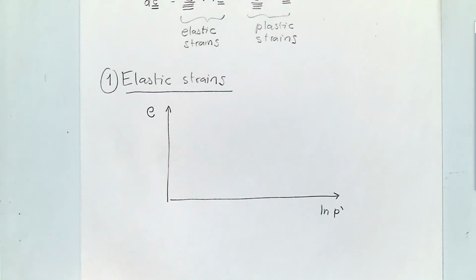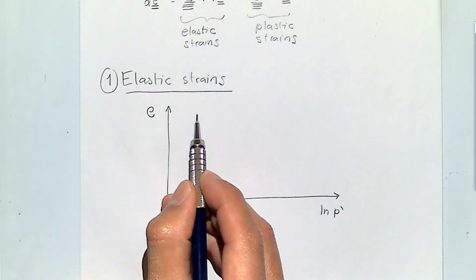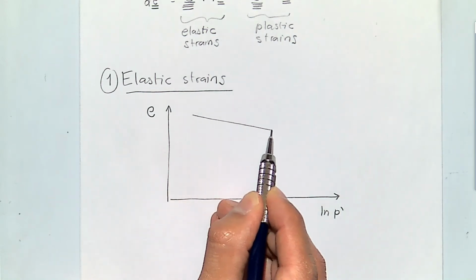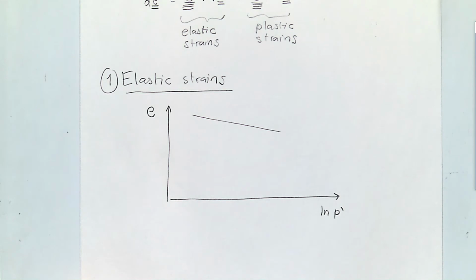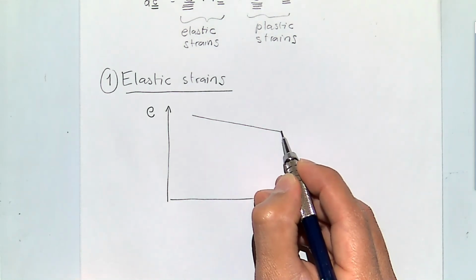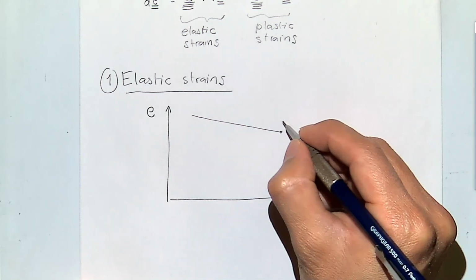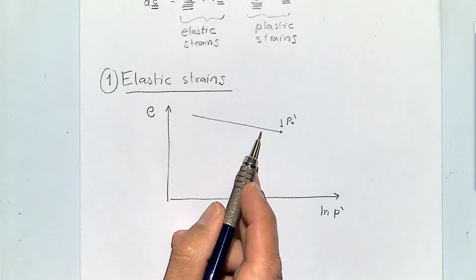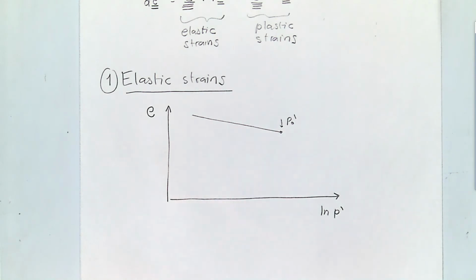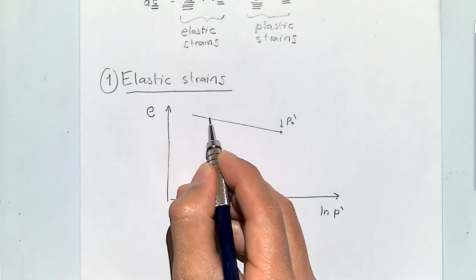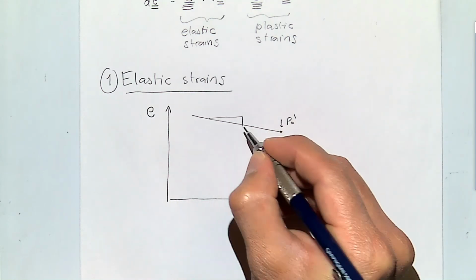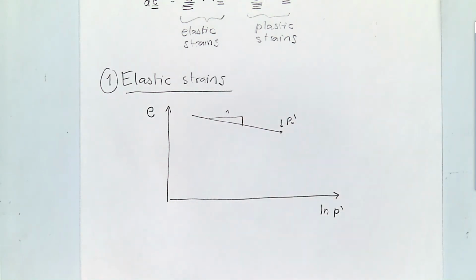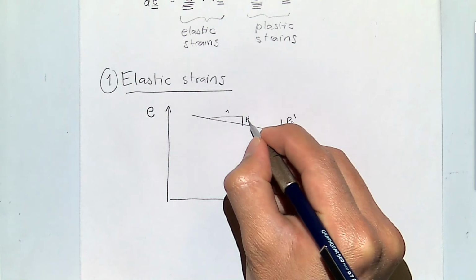We said that we can load the material, and if we stay before the yield point, this deformation is going to be elastic. And the slope of this line, if this is equal to 1, we're going to call kappa.